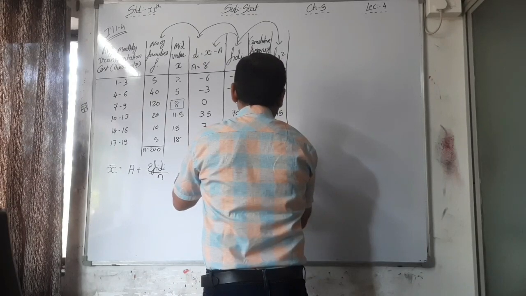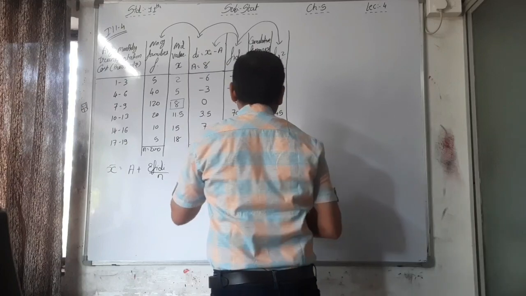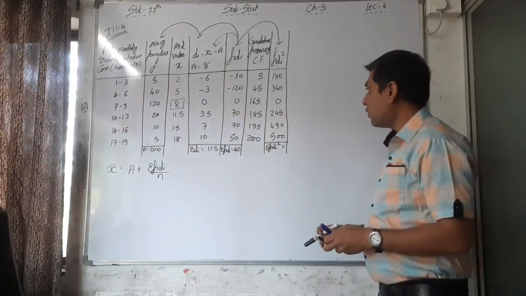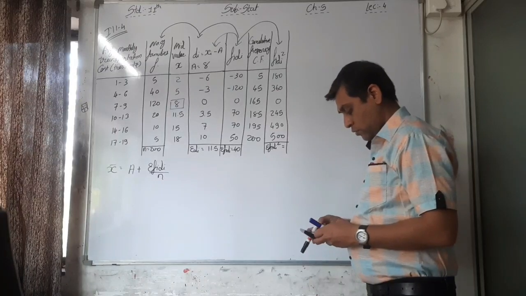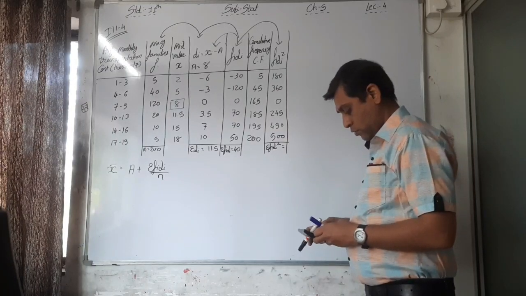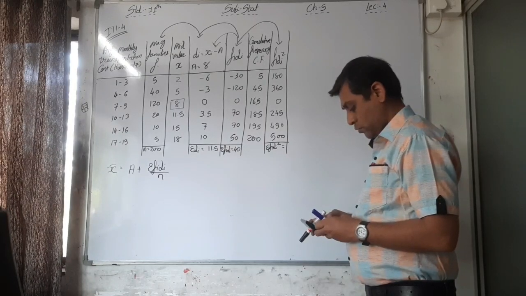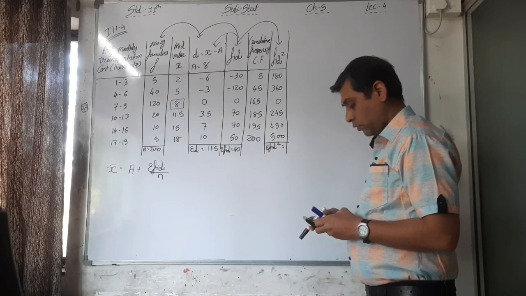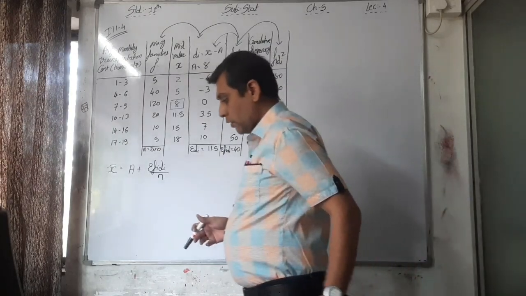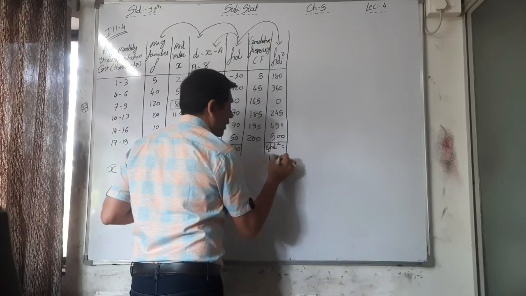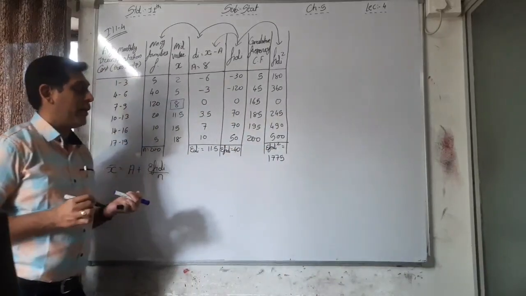Sigma fi di square is equal to, making the total, 1775.